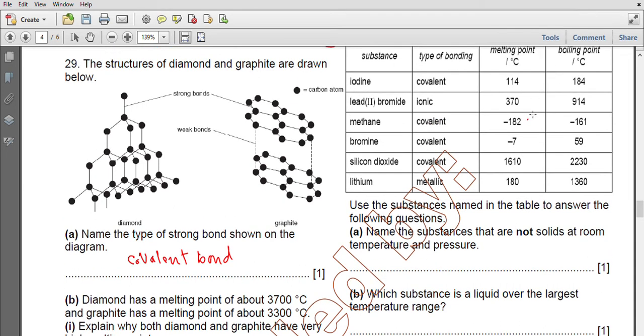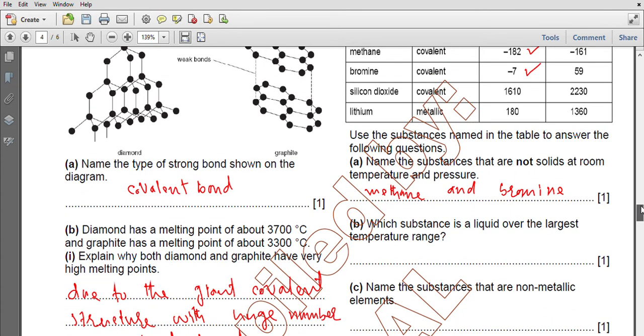So these two substances, methane and bromine, have melting points lower than room temperature. So we can choose methane and bromine. These two substances will be in other than solid state.